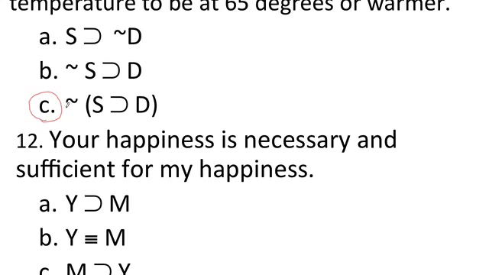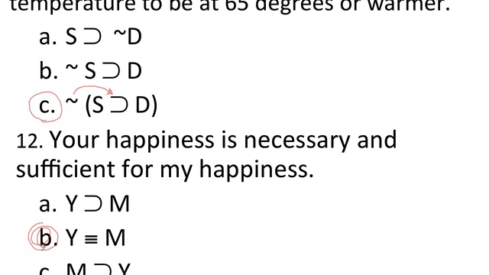It's not the case that if the sun is shining, then we have degrees of 65 or warmer. So when we're denying a sufficient condition, we're denying that this sentence guarantees this conclusion, this consequent.